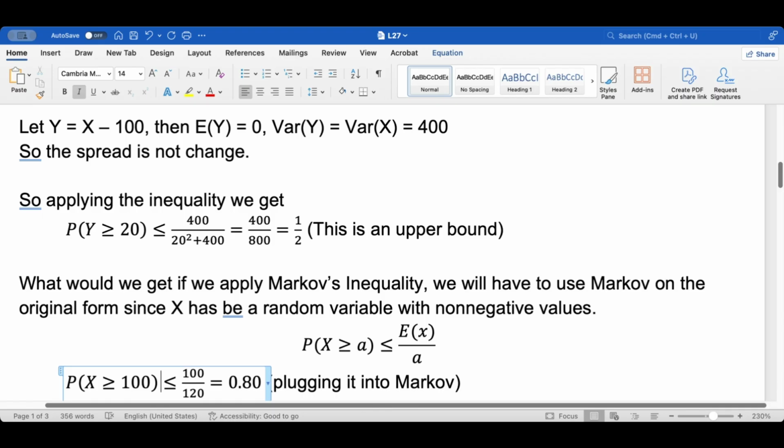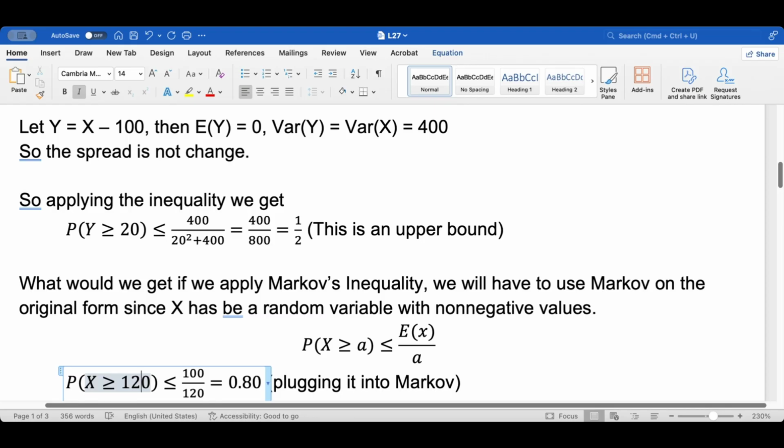What's the probability that x is greater than or equal to 120? It's less than or equal to E of x over a, which is 100 over 120, or 0.80. So Markov's inequality tells us that this probability is at most 80%.